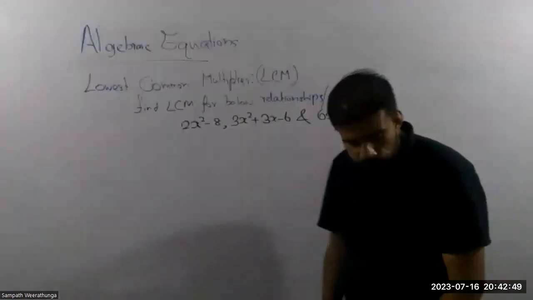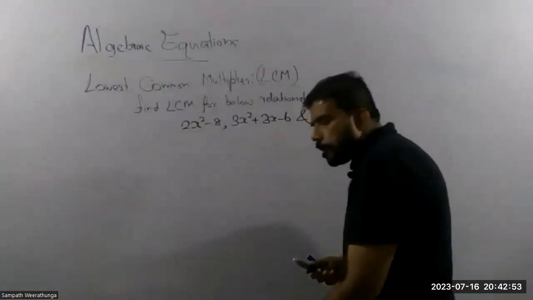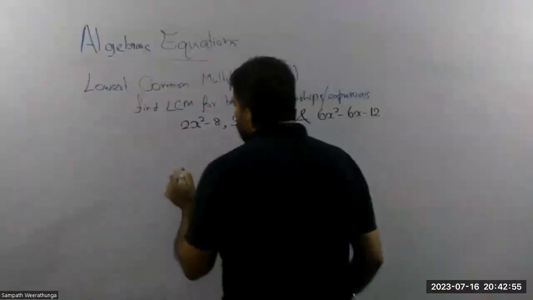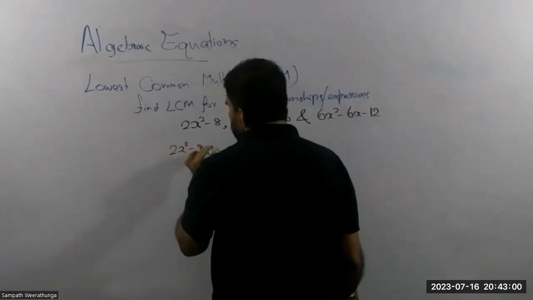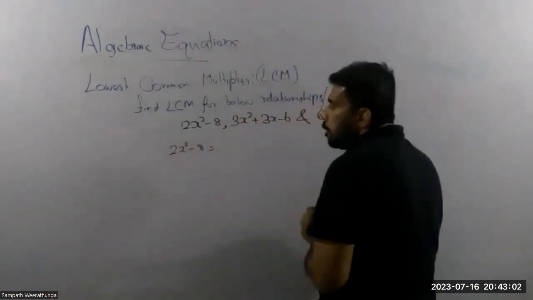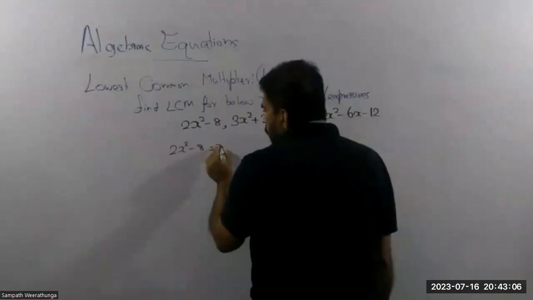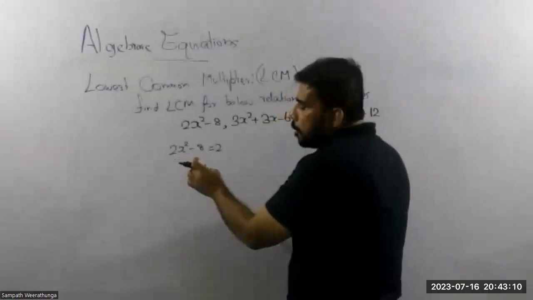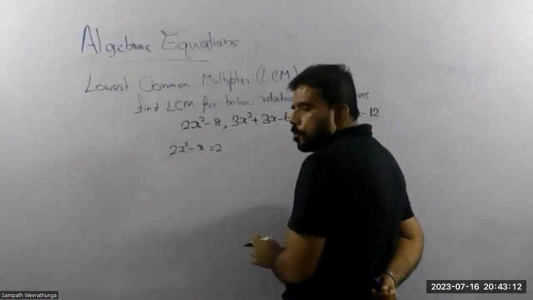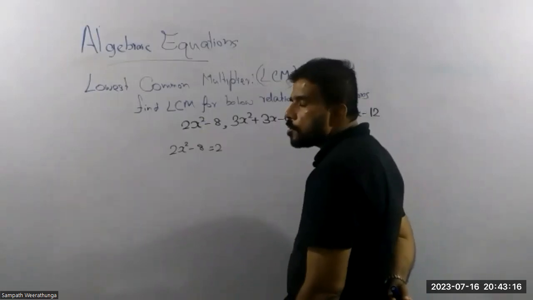Okay. So we'll try to factorize each expression and see the common factors. Yes, 2x^2 minus 8: I can take 2 out, then inside the bracket I get x^2 minus 4, and 4 is 2 squared.